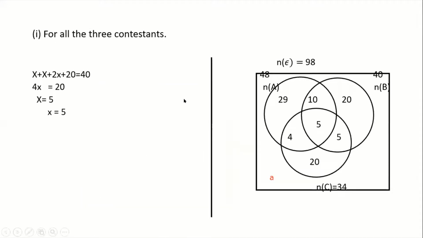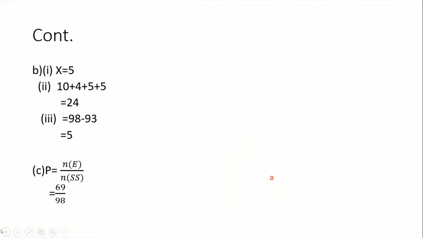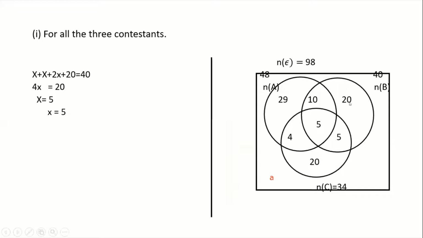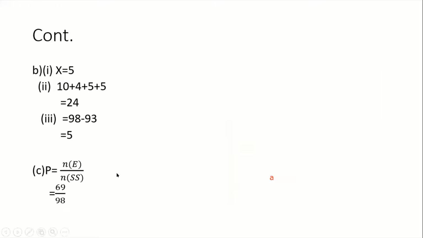So for only one of these contestants, we have 29 plus 20 plus 20. This will give us the number of events. Remember, probability is equal to the number of events out of the number of the sample space. The number of events is got by those people who voted for only one.